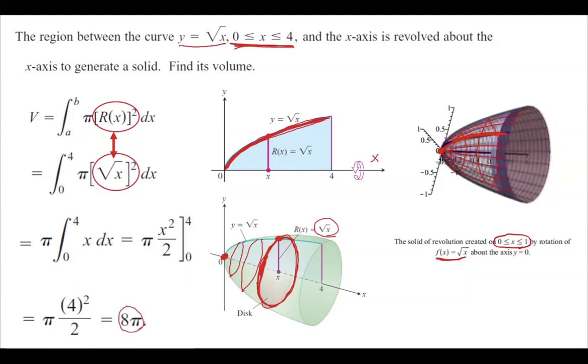So the volume of this object that we rotated about the x-axis, using the elementary knowledge about the area of a disk or circular object, can be easily calculated, and it is 8 pi.